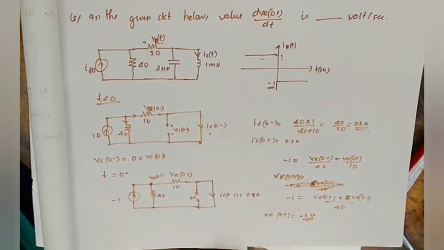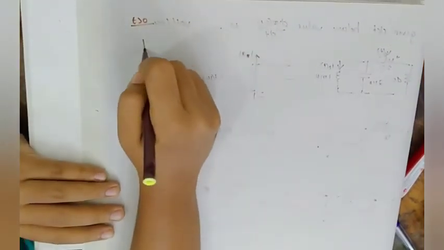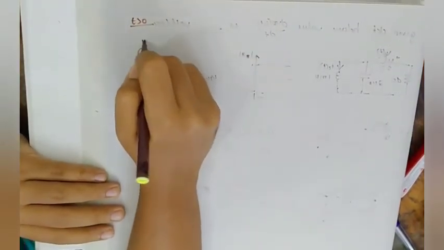Not just after 0, it is much after 0. So for t greater than 0, I'll draw the circuit over here.